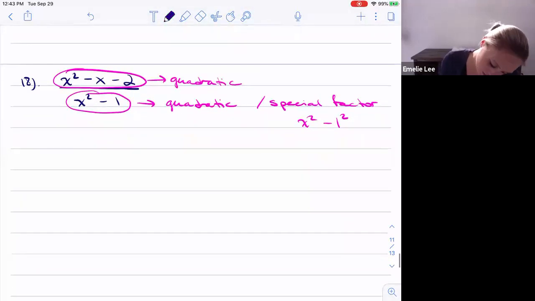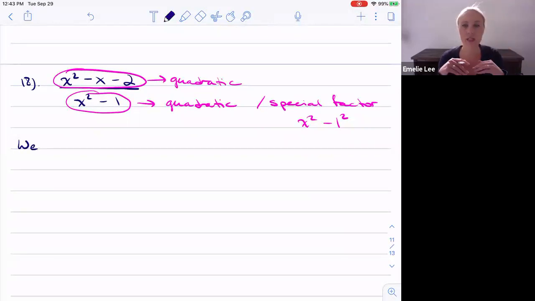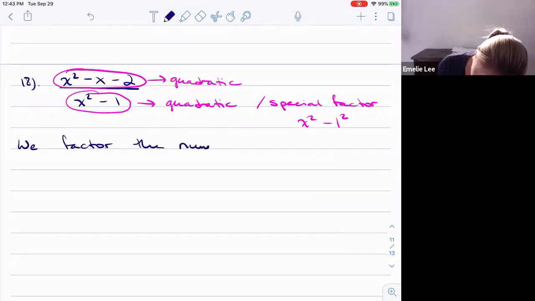So we factor these individually. We factor the numerator and the denominator individually, and then hopefully we're able to cancel after.